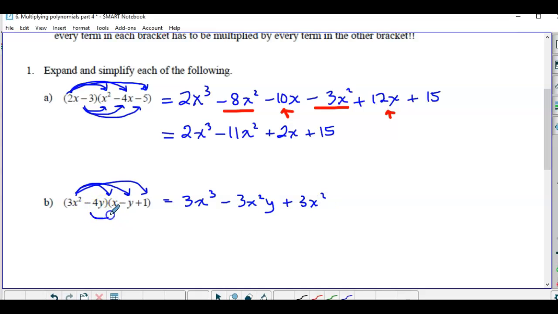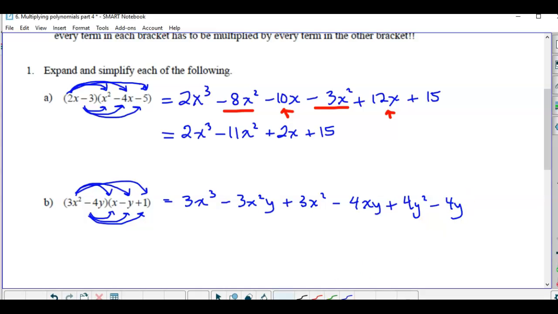And then the second term times everything. So negative 4y times x. Now I'm going to put it in alphabetical order within that term, so subtract 4xy. And then negative times a negative is a positive, so plus 4y squared. And then negative 4y times positive 1 is negative 4y, so subtract 4y.